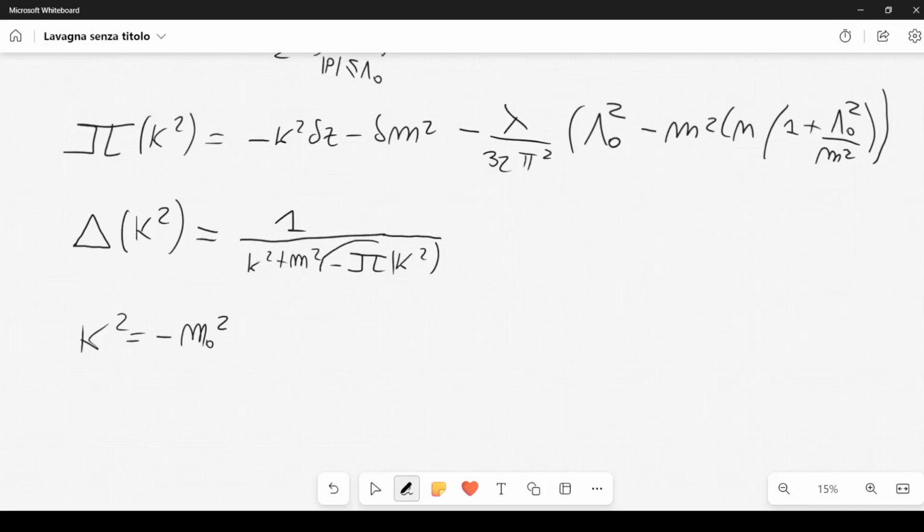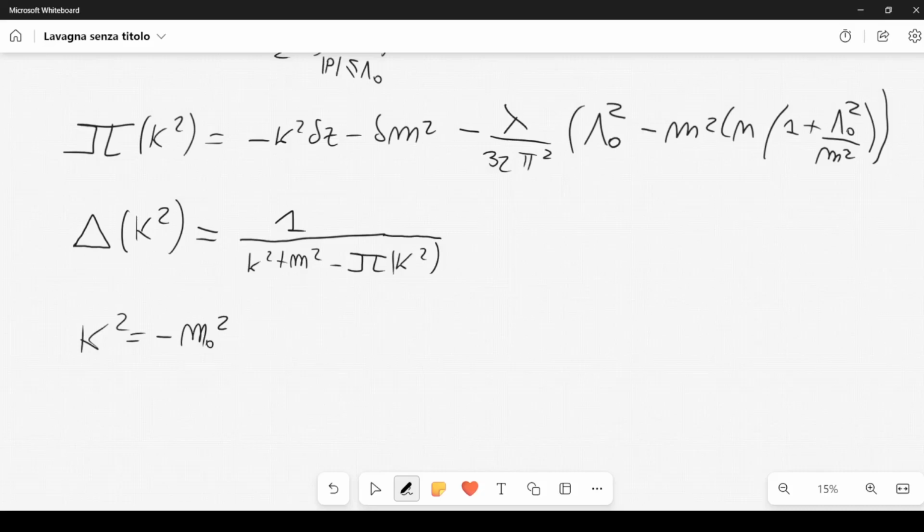But if you have contributions due to interactions and in higher order terms, higher loops, and so on, in general, instead of m squared, we can define m0 squared. So it is a contribution given by the experimentally measured mass. Because all these interactions are going to change the experimentally measured mass. But we still require that the propagator has a simple pole when k squared is equal to minus m0 squared. So it is quite intuitive.